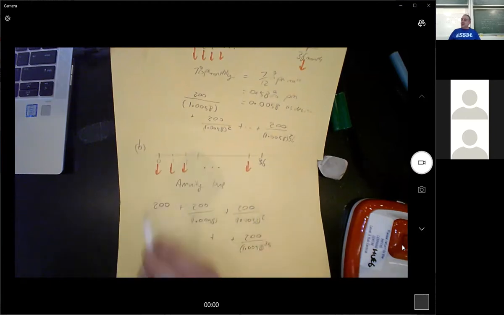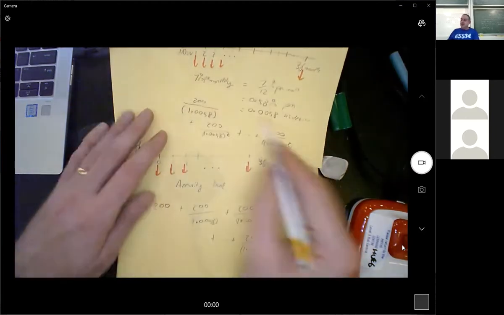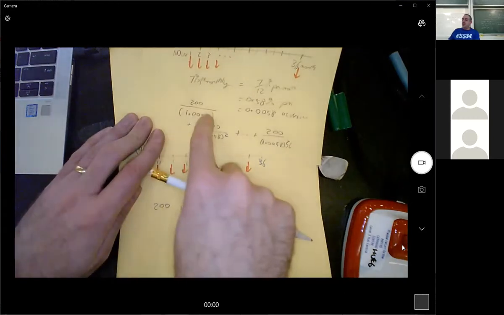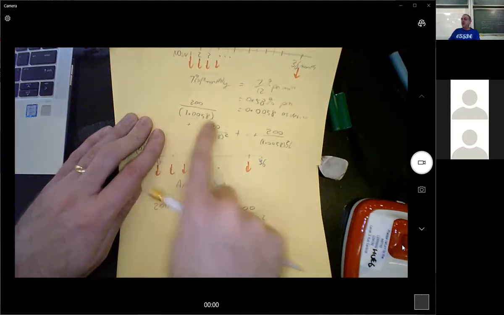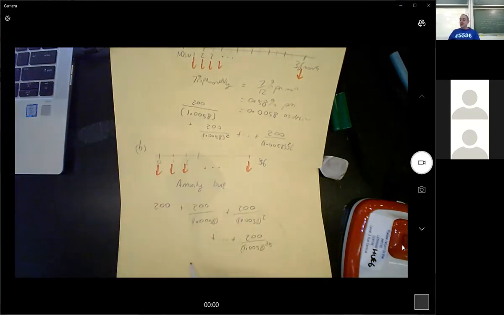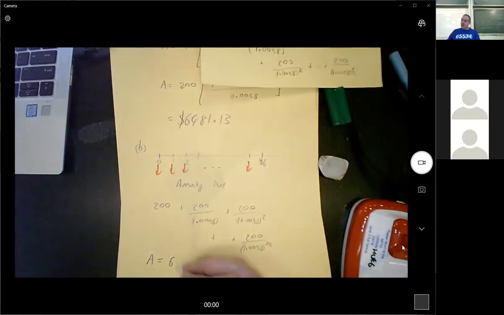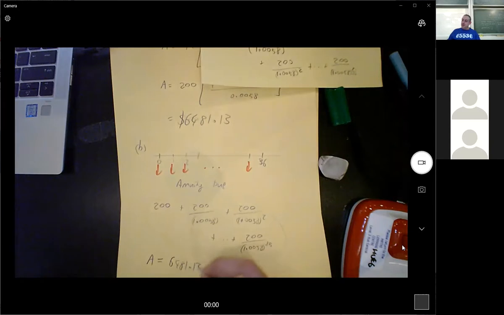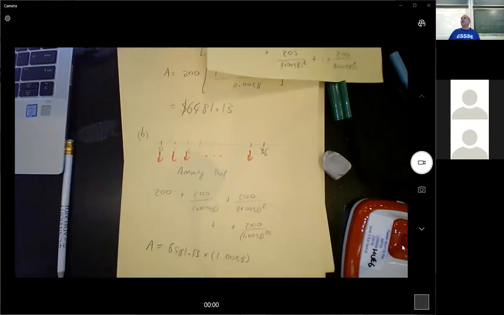And then these are the same as these, except these ones all have another 1.0058 on the bottom. And so I reckon the present value is the old present value from my ordinary annuity, which was 6481, times 1.0058. Because they're all that much earlier, so they're all worth that much extra.